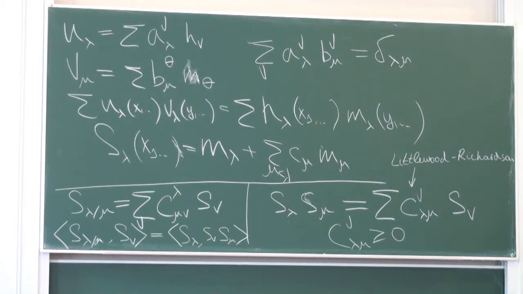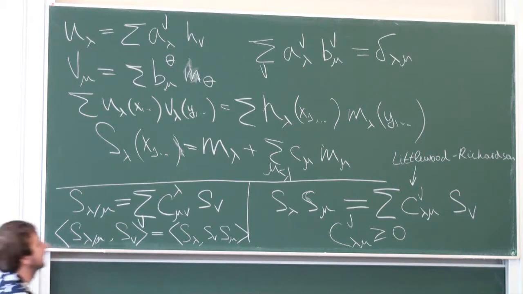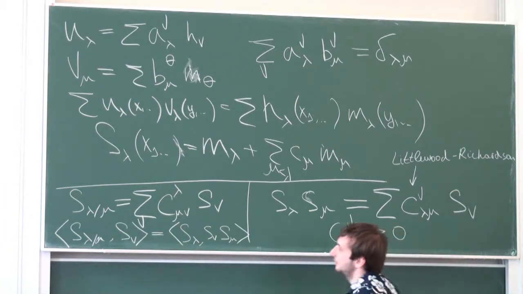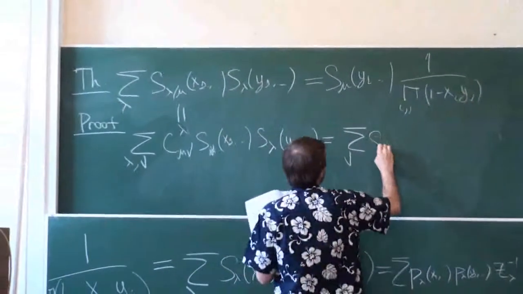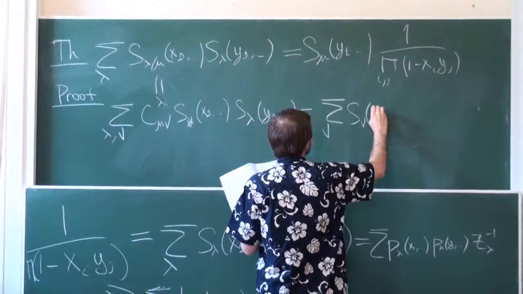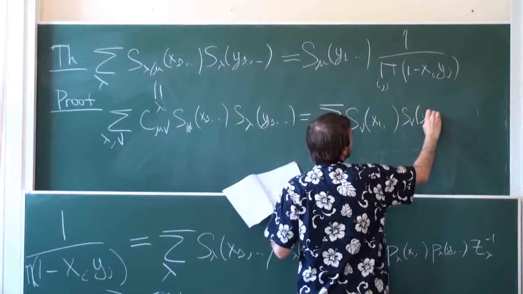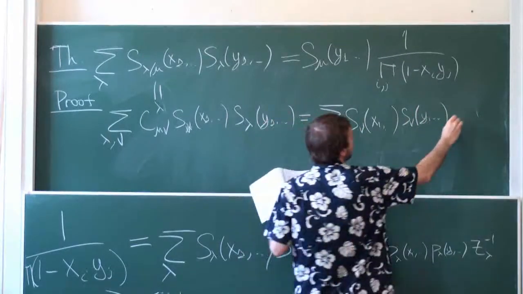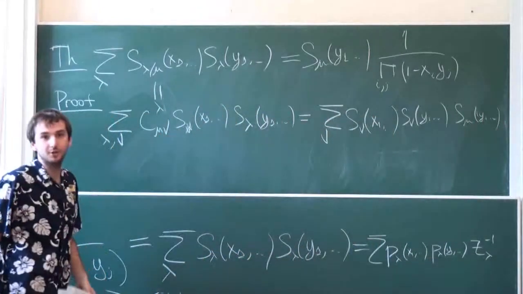And here is C lambda mu nu times S lambda. You can recognize in this exactly this sum, which means that this can be written as the sum over nu of S nu of x times S nu of y times S mu of I. So this is just by the definition basically.